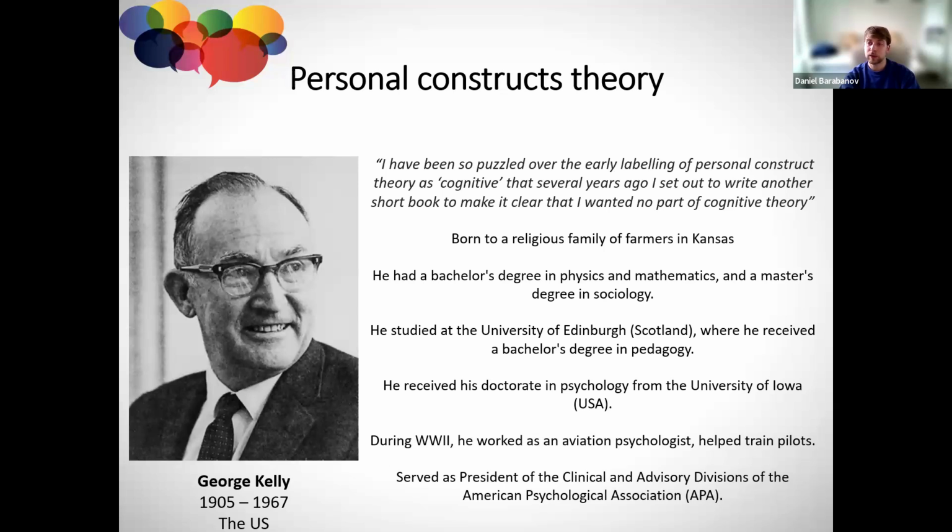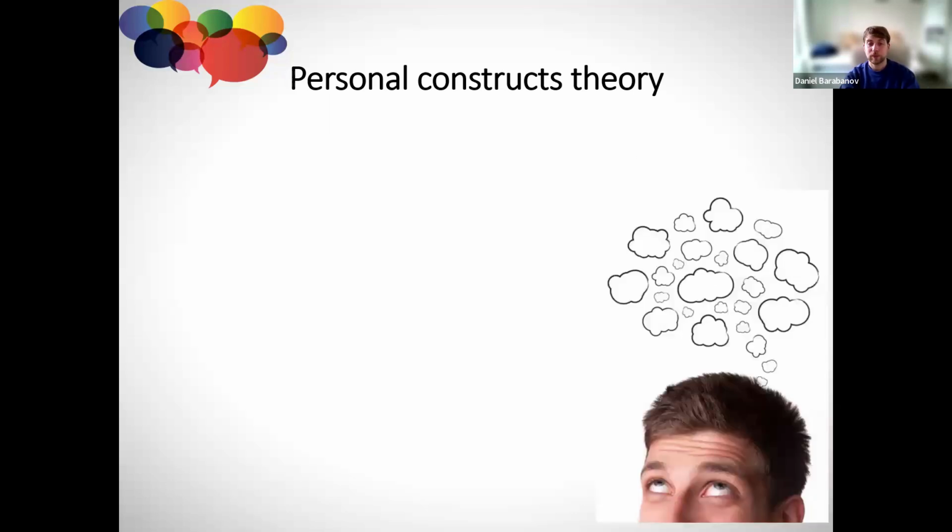He was only 62 years old. But his theory of personal constructs is considered to be one of the most famous theories in the cognitive experiential domain of studying personality. And his background in physics and mathematics probably heavily influenced how he understood cognition and personality.